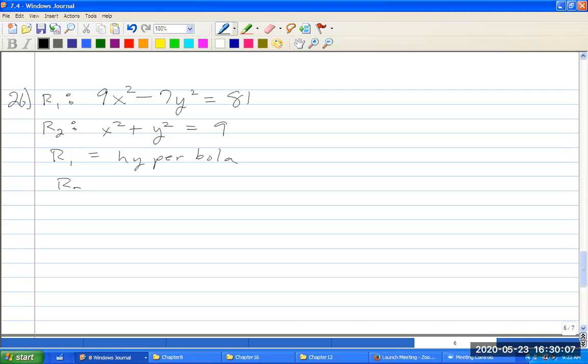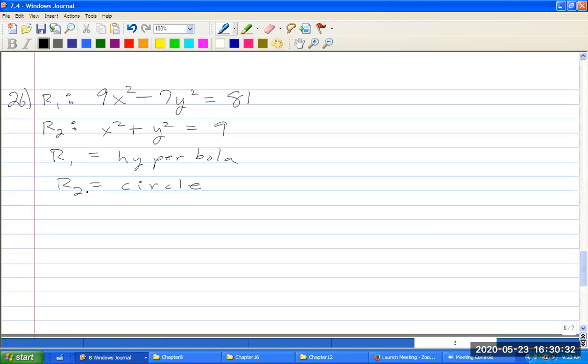And we have R2, x squared plus y squared equals 9. Well, that's a circle. So we're going to be intersecting a hyperbola and a circle. So we could have 0, 1, 2, 3, 4 solutions. So we'll have to see which of those this is.